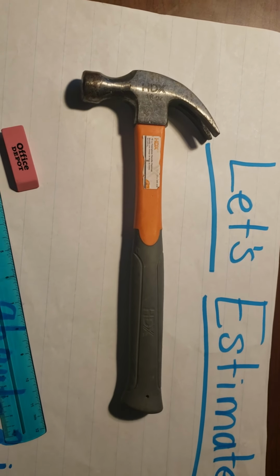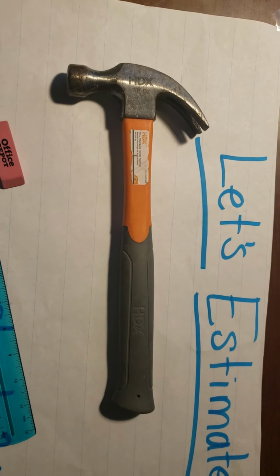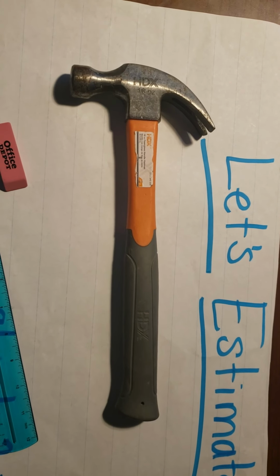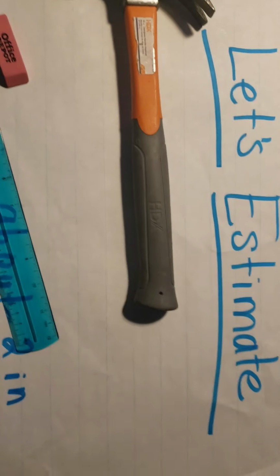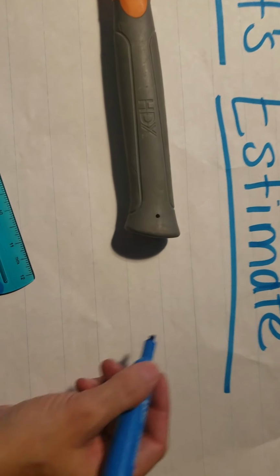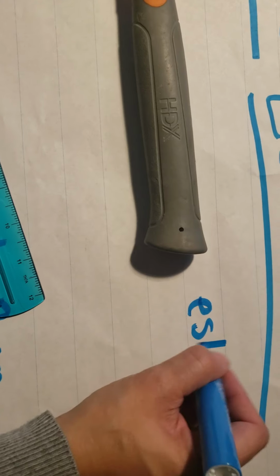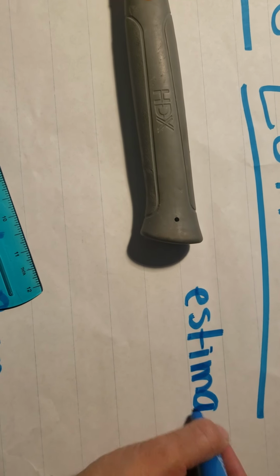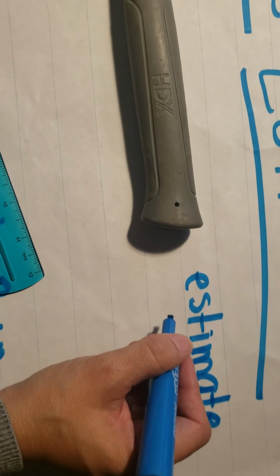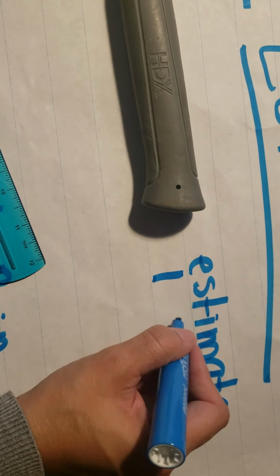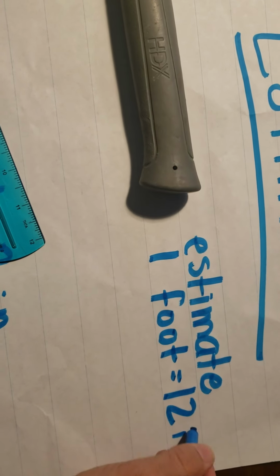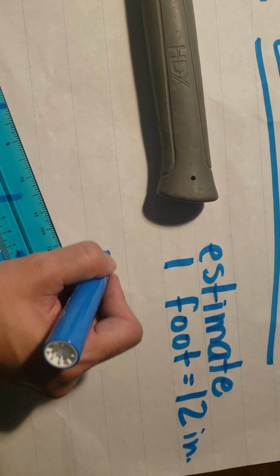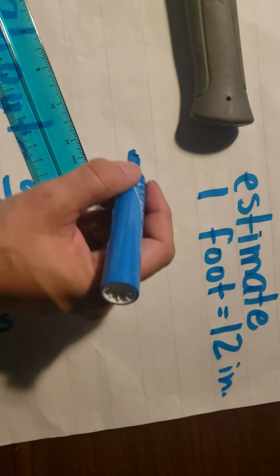Okay, now let's move over and take a look at our hammer. We're going to estimate. So you quickly estimate. Tell somebody real quick, what do you think it's going to be? Good job. All right, here's my estimation. I estimate that it's going to be about 1 foot or 12 inches, right? Okay, and now let's do our actual measurement.